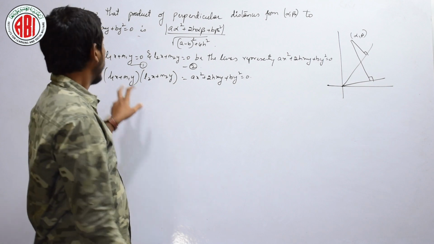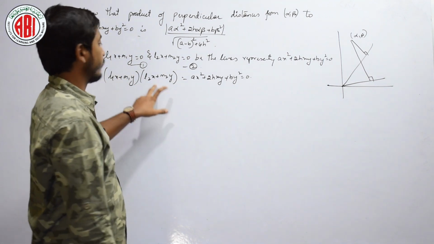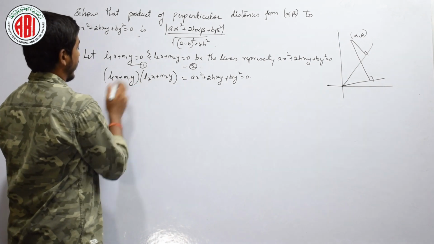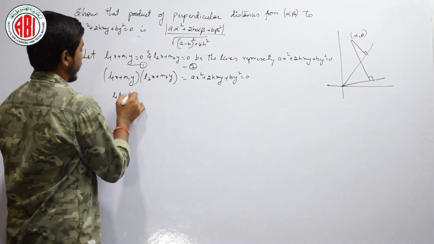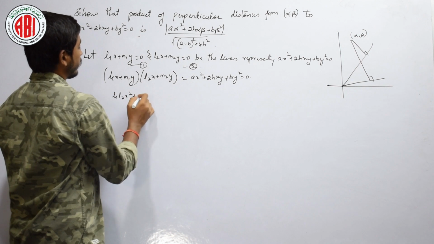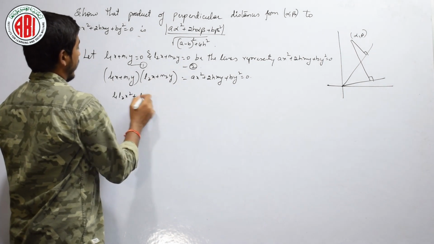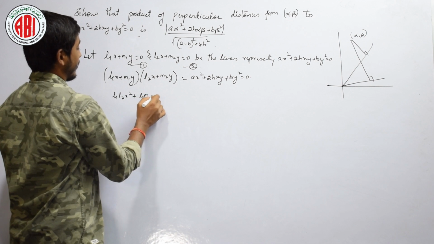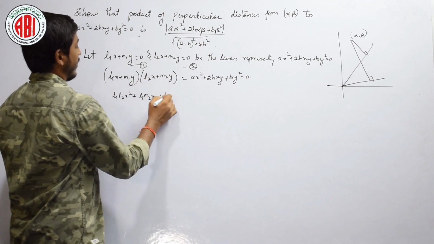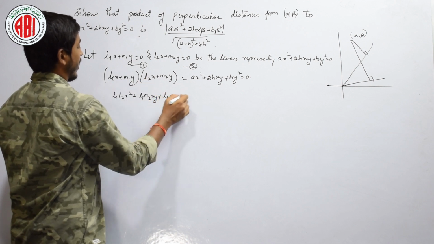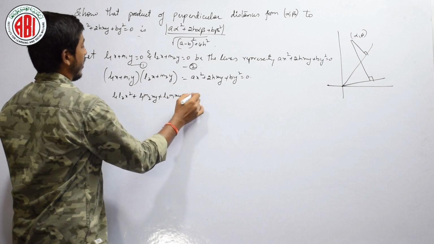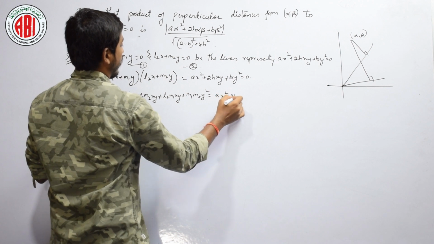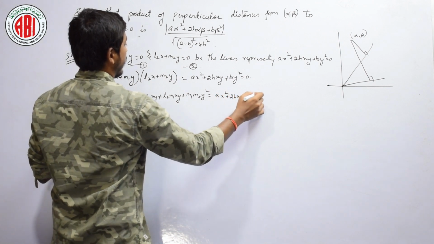Is it right? Now we have to multiply each and every term. L1x into L2x is L1 L2 x square, plus L1 M2 xy, plus L2 M1 xy, plus M1 M2 y square, that is equal to ax square plus 2hxy plus by square.